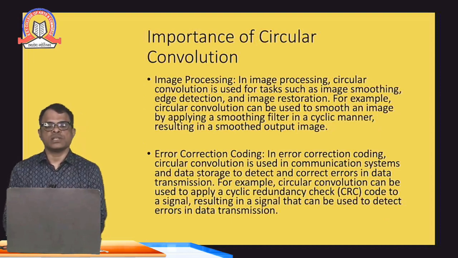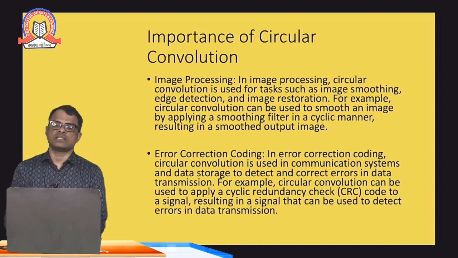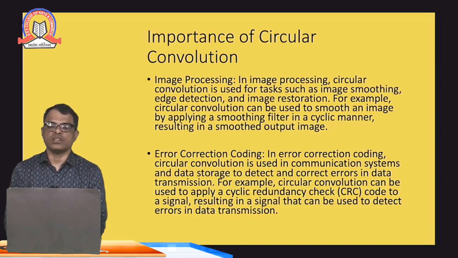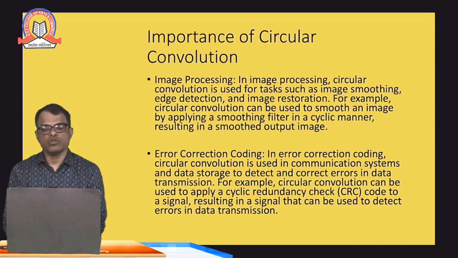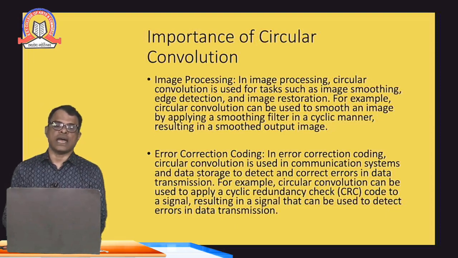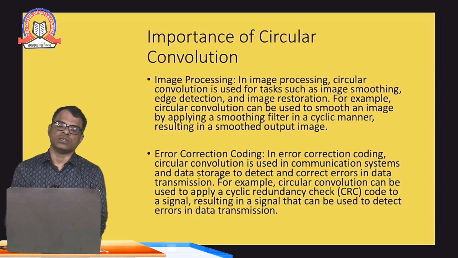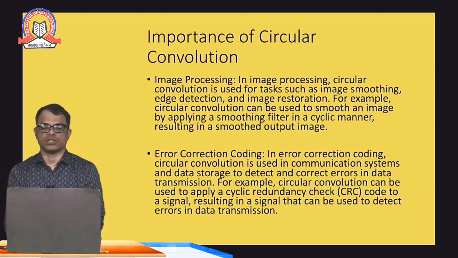In image processing, circular convolution is used for tasks such as image smoothing, edge detection, and image restoration. For example, circular convolution can be used to smooth an image by applying a smoothing filter in a cyclic manner, resulting in a smooth output image. So, when we apply a smoothing filter, it's better we should use circular convolution.